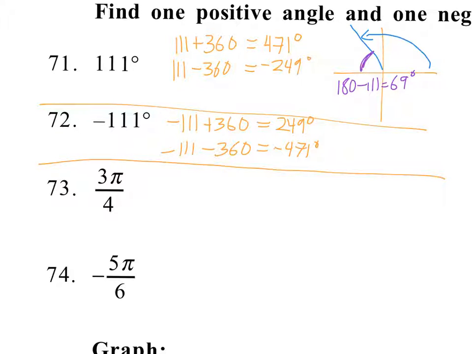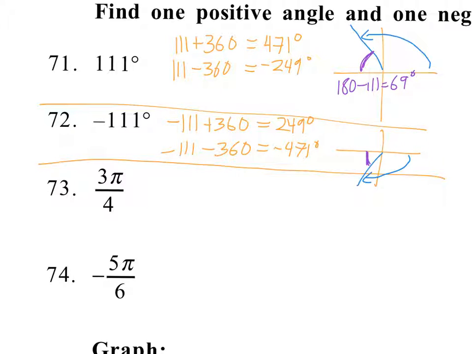I'm going to do the same thing in terms of finding a reference angle, just so we can talk about knowing how to do that. So negative 111 is going to go past negative 90 and end up down here. Again, we're trying to make the angle with the x-axis. That would be negative 180.